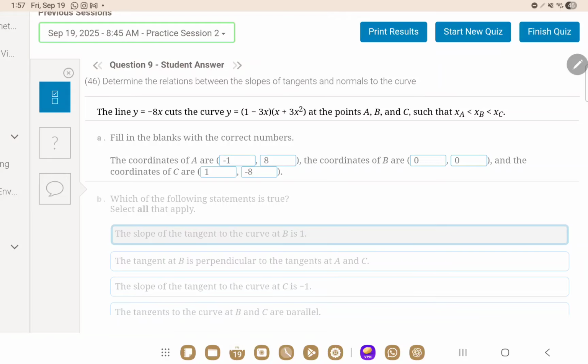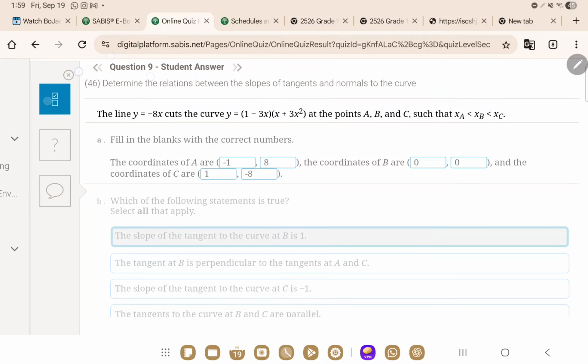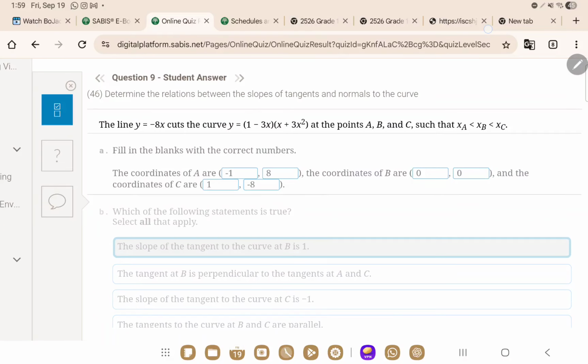Anyway, so yeah, it's x plus 3x squared minus 3x squared minus 9x cubed. So now you have an equation for the curve of x minus 9x cubed. And yeah, that's right.